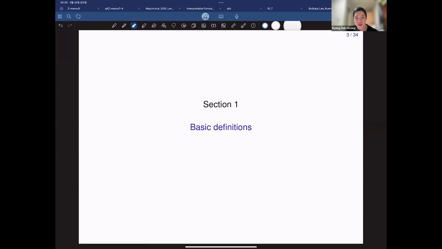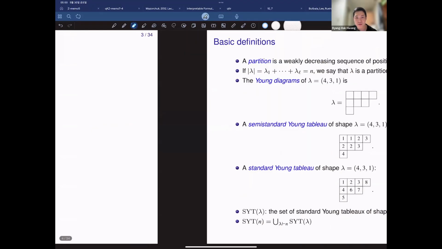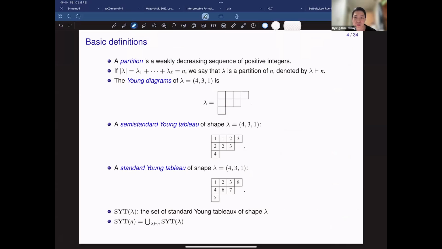I will start with the basic definitions, but I hope all of you are familiar with these very basic things. I do not want to spend my time on this slide, so let's briefly check. A partition is a weakly decreasing sequence of positive integers, and we will use the Young diagram, which is an array of unit cells.